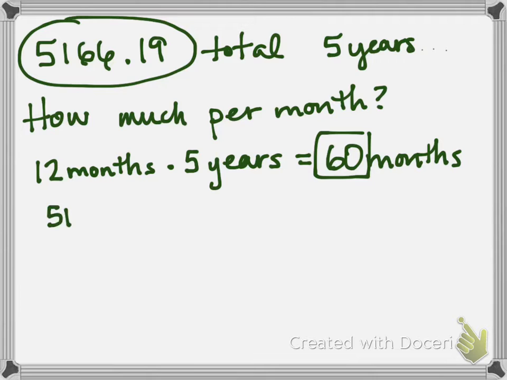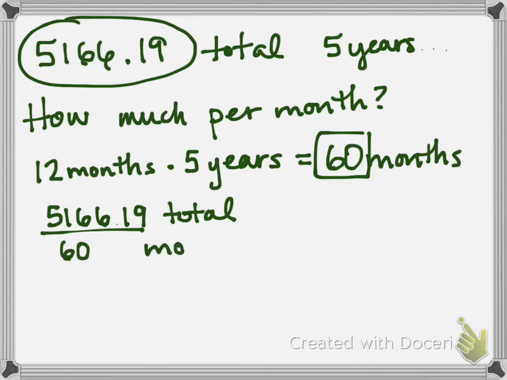So 5,166.19 total divided by 60 months. And if I use my handy dandy calculator, that's about $86.10 per month.